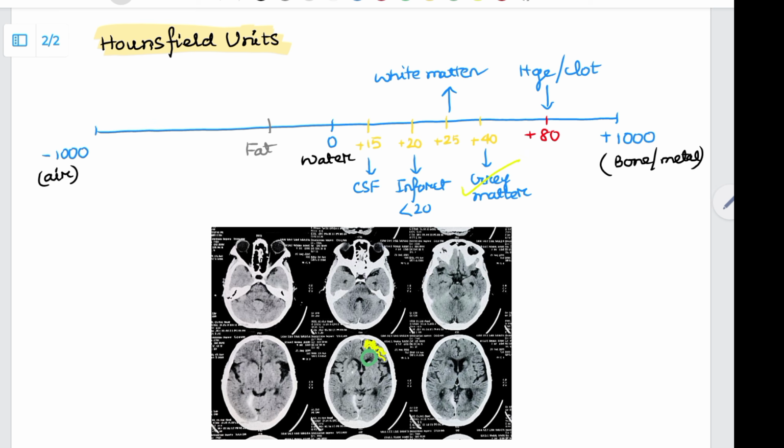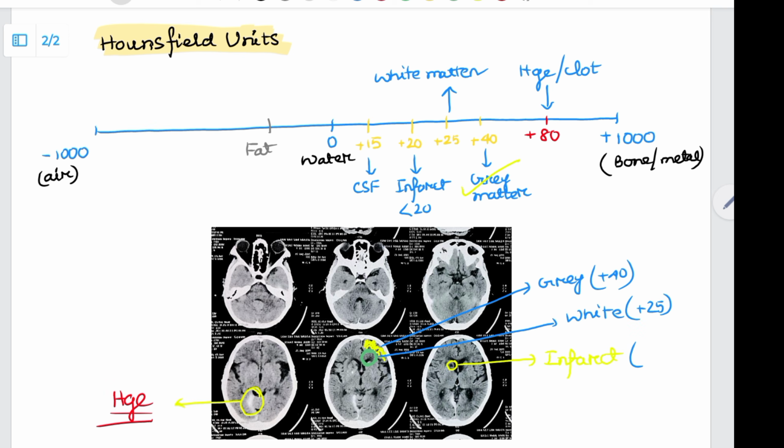Okay, now this structure is the gray matter here in this CT scan, and this structure is the white matter. This particular pathology is an infarct, and this particular pathology is a bleed. This is a very interesting NCCT plate with loads of findings. So here the gray matter has a Hounsfield unit of plus 40 and white matter has that of plus 25.